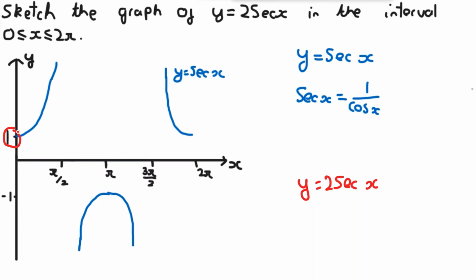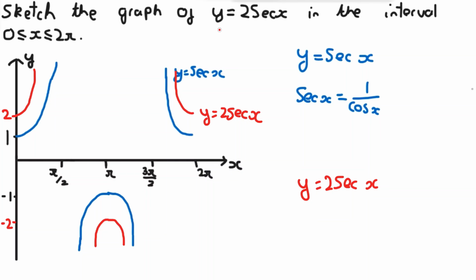So this here, which is at 1, is now going to be at 2 here, so it's going to come up like this, and then this here, which was at 1, is now going to be at 2, so it's going to come up like this here, and then this here, which was at -1, is now going to be at -2, so this is going to come down like this here. So this is the graph of y is equal to 2 sec of x.